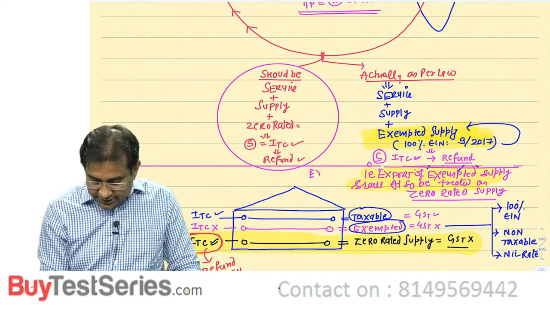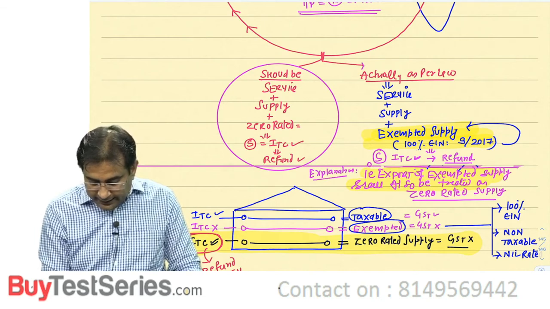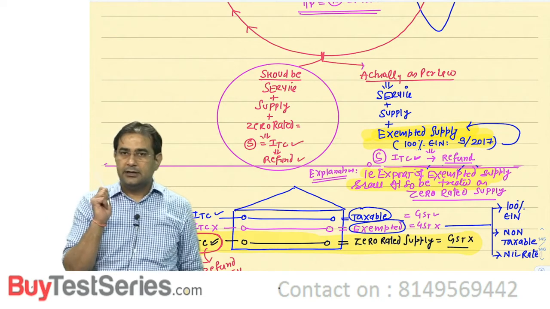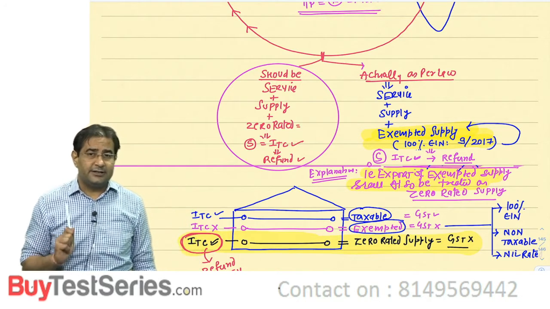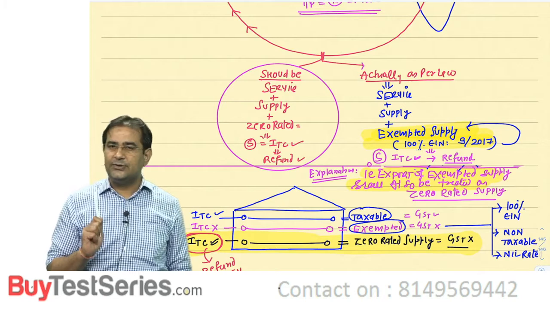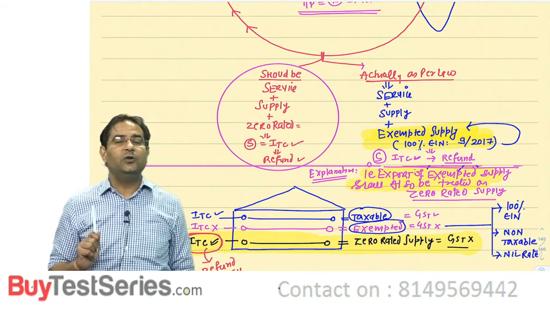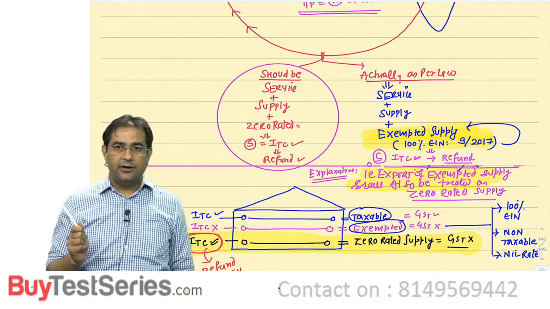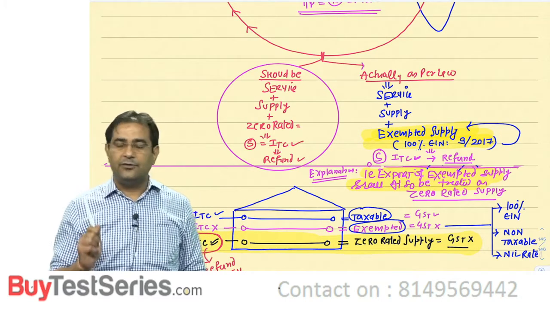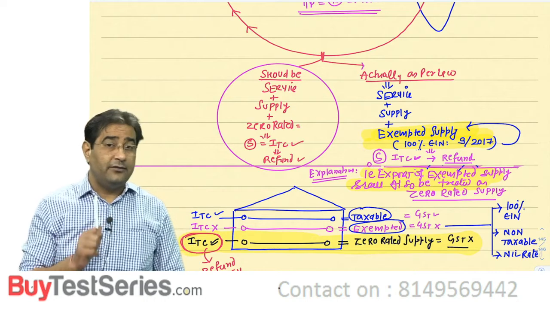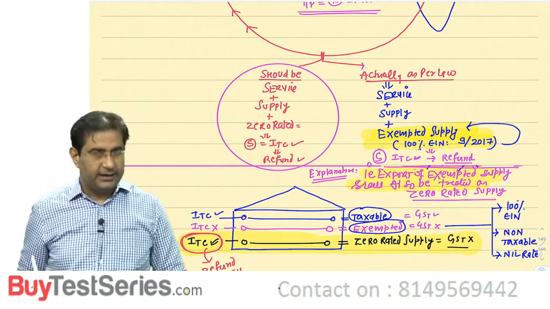This was the discussion based on the explanation. Like always, remember, export of exempted supply is treated as a zero rated supply and all the export benefits pertaining to zero rated supply would be available to the supplier. Is it okay?